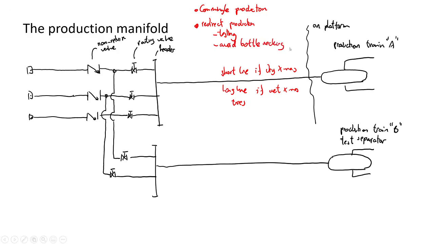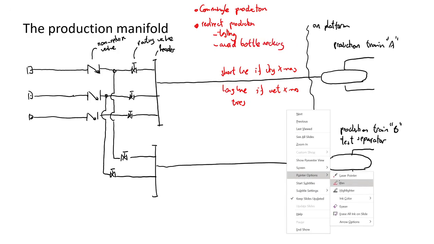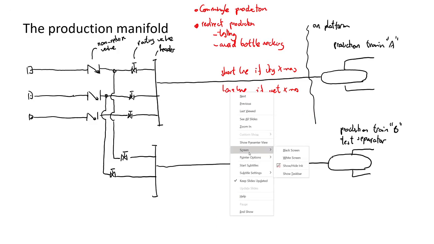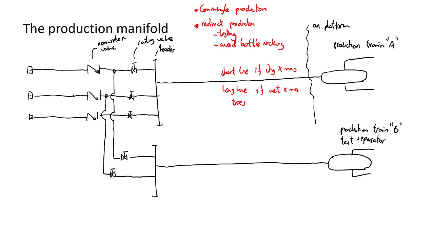Okay, for example, if production train A bottlenecks because it has a lot of gas, and we know that well 1 is a very gassy well, then we can just close and open this valve, and then we send it to another separator, which can have more gas capacity. Okay, so all of this structure is what we call the production manifold.